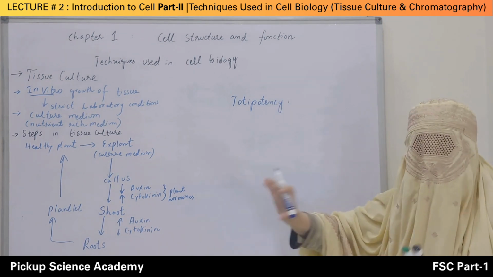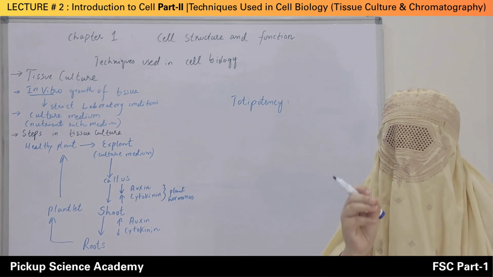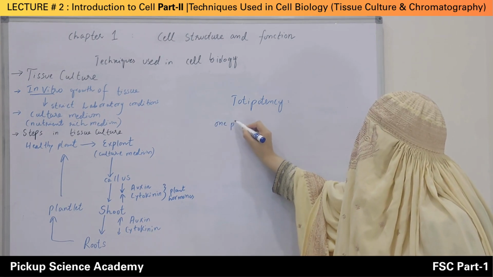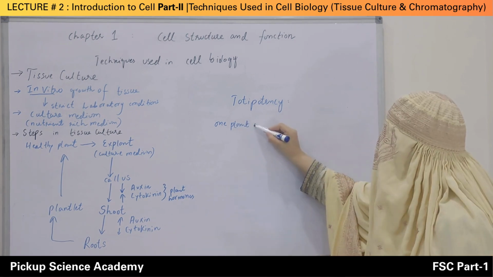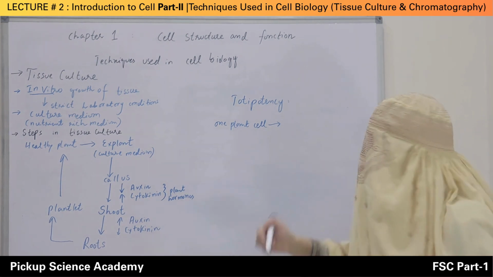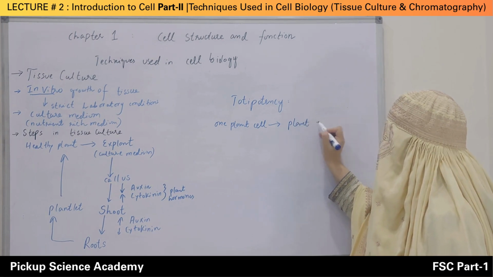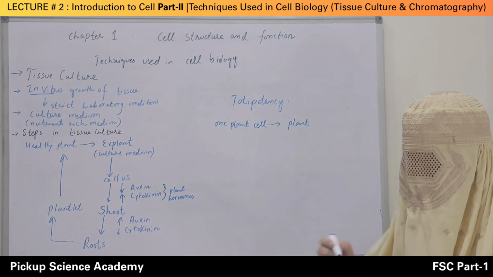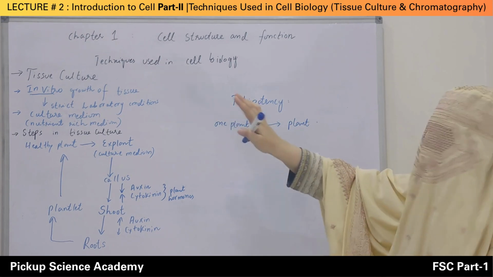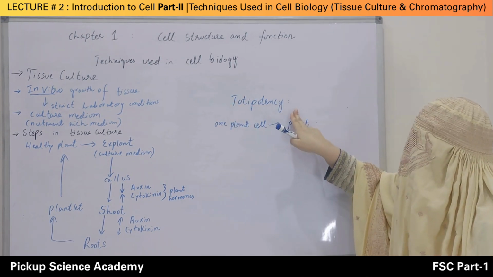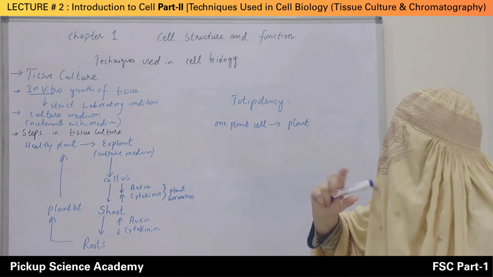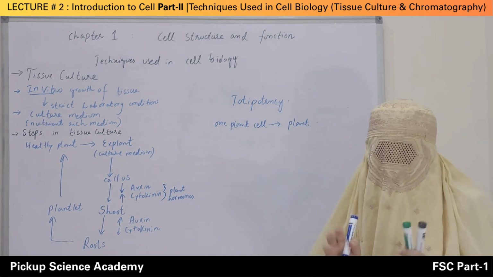All these steps are based on one simple principle, which is totipotency, meaning that one cell, for example a plant cell, can grow and make a full plant. So the technique of tissue culture is based on the principle of totipotency, that one cell can be converted into a whole organism. And basically this applies to plant tissue culture.